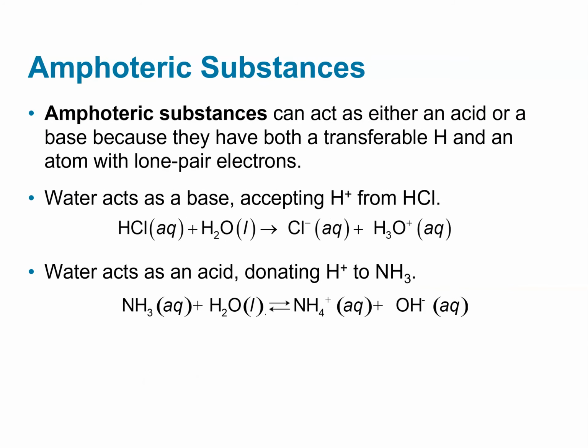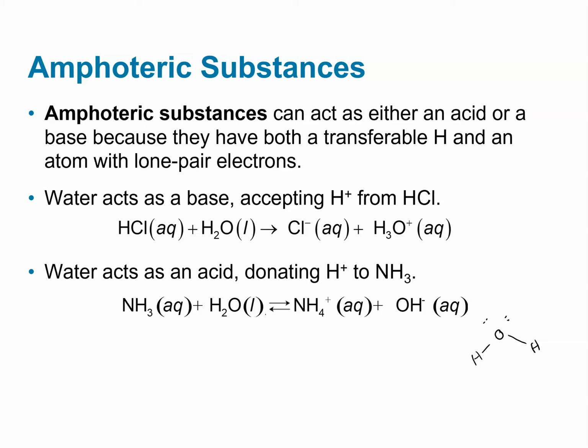That's because water is an amphoteric substance. An amphoteric substance is any substance which can act as either an acid or a base, because it has both transferable protons and an atom which has a lone pair on it. So in the case of water, it meets our criteria. We have two transferable protons and we have two lone pairs.